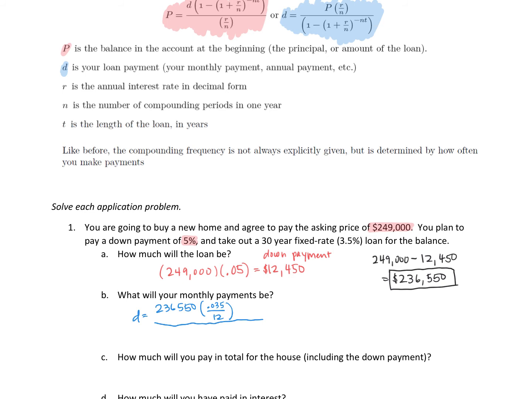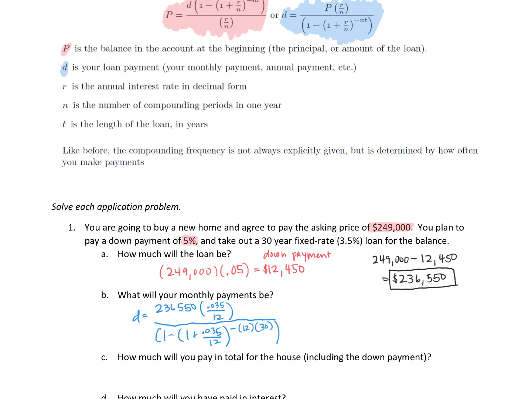All over 1 minus 1 plus R over N, so 0.035 over 12, to the negative NT. N is 12, T is 30 for 30 years. And we're going to plug that in our calculator and see what we get.